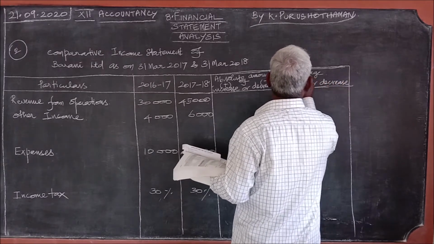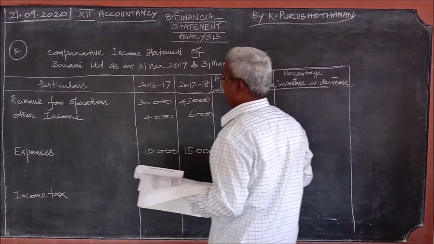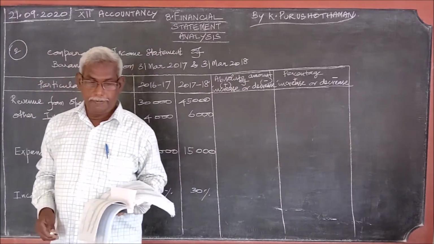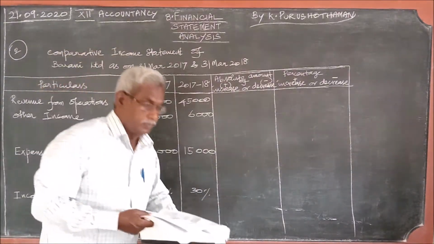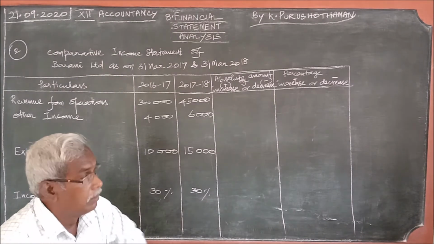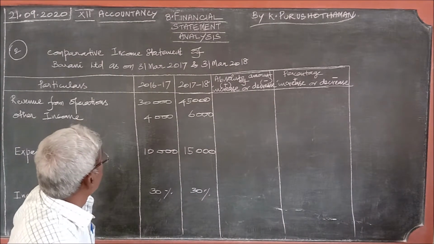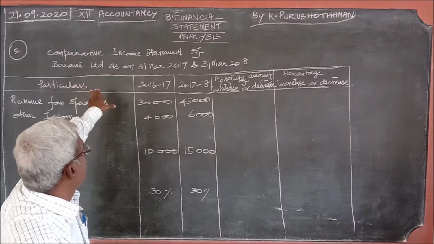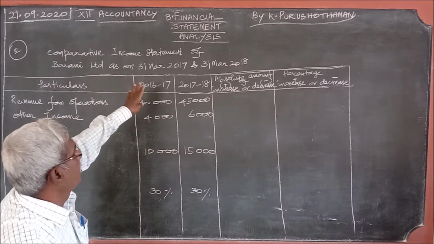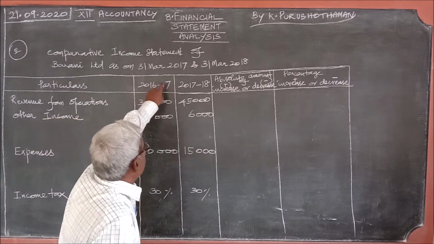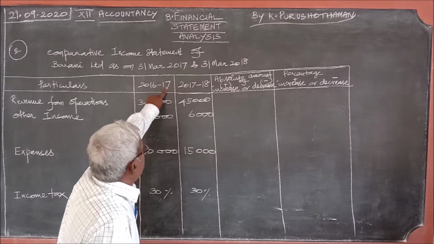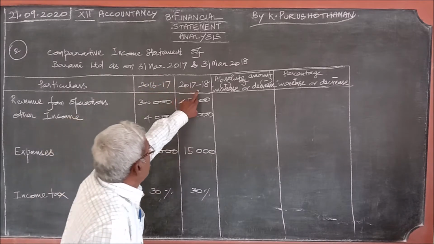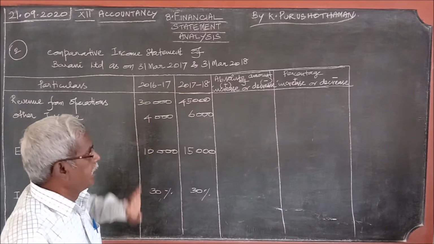As usual, increase plus, decrease minus. So with the given information, we must do the work that is asked, because we are preparing the comparative income statement of Bharani Limited as on 31st March 2000. Since this is 16-17, the last date is assumed as March 31st of 17. Here this is March 31st of 18.